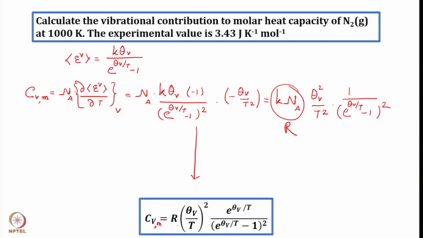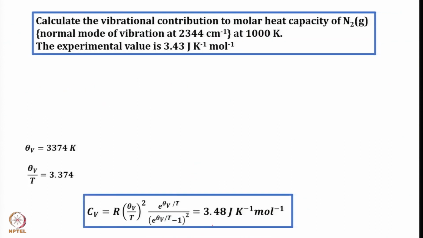CVM is equal to R times theta v by T whole square into, yes, there has to be another term over here, exponential theta v by T. So exponential theta v by T over exponential theta v by T minus 1 whole square. That means now if I have the numbers for theta v and temperature, I can easily get the value.